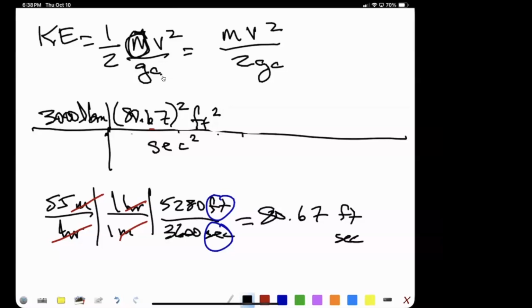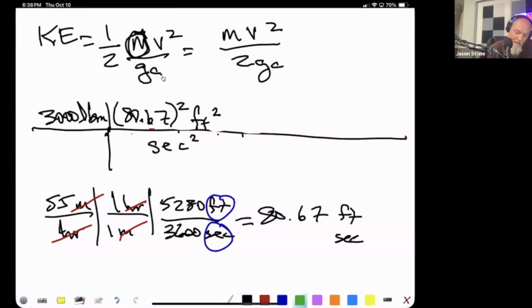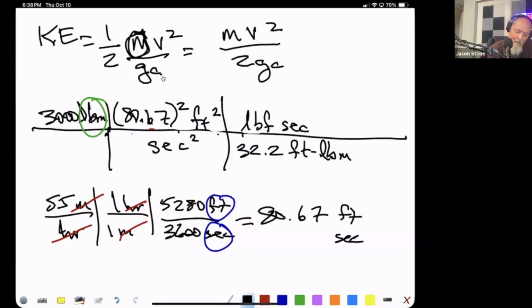Now let's deal with this pounds mass. So we divide by 32.2 foot pounds mass per pound force second squared. Let's do some unit canceling. Second squared cancel out. Our pounds mass cancel out. And one of our feet cancels out.